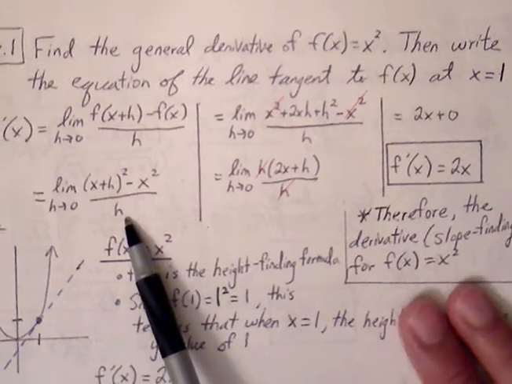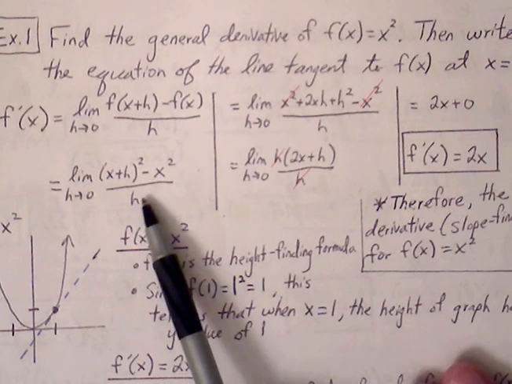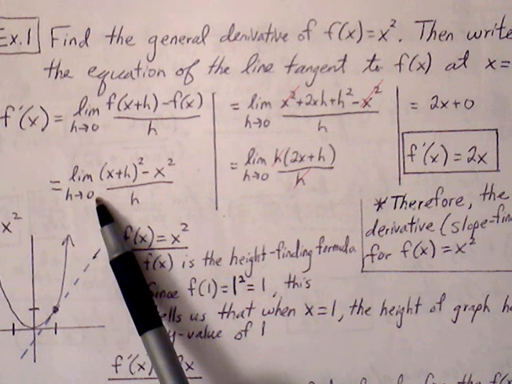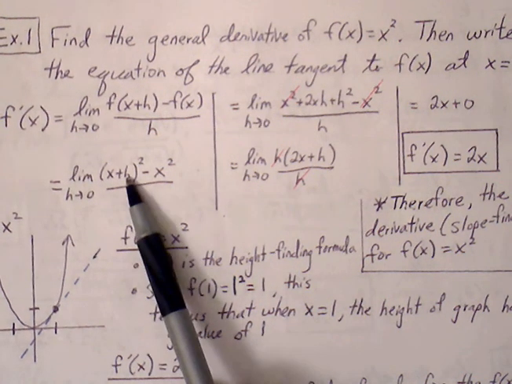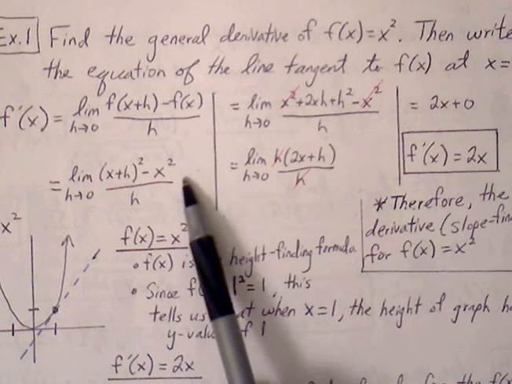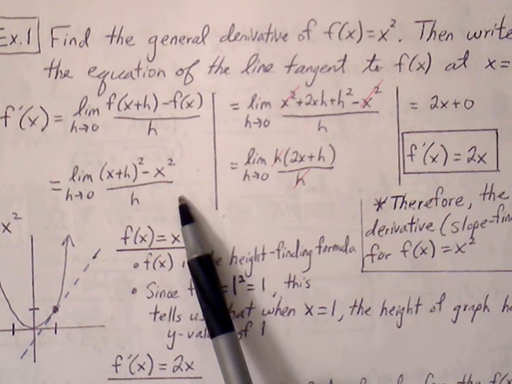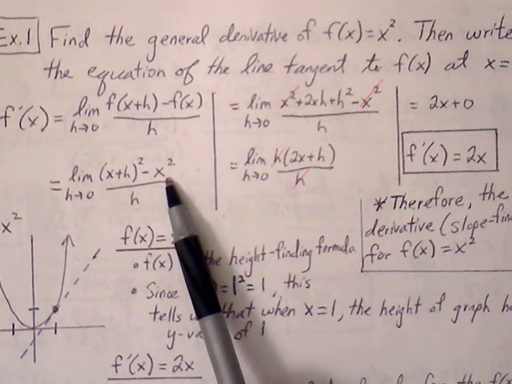So now we're just going to evaluate this as a limit problem that we've done in the first unit, which is we plug in the target value for h, and we're going to get x squared minus x squared, which is 0. 0 over 0 is undefined. So indeterminate means that we can continue with the problem, that there's a factor that we can take out.